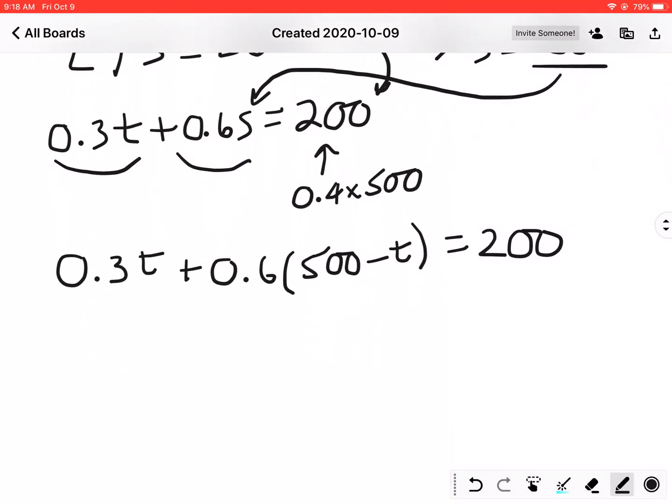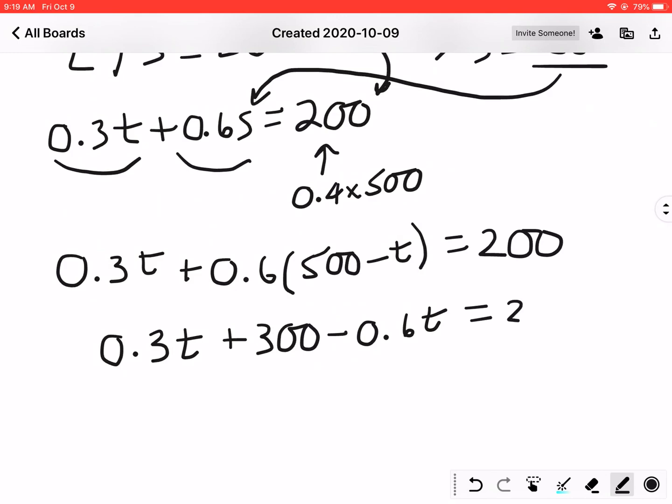At this point, expand and simplify. 0.6 times 500 is 300 minus 0.6 T equals 200. At this point, I'm going to do two things.